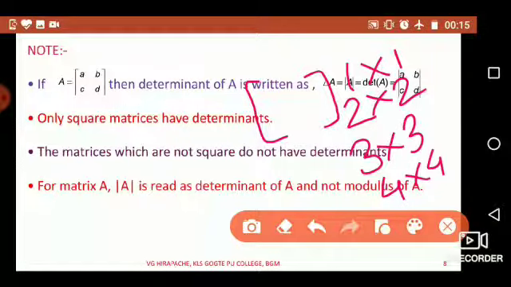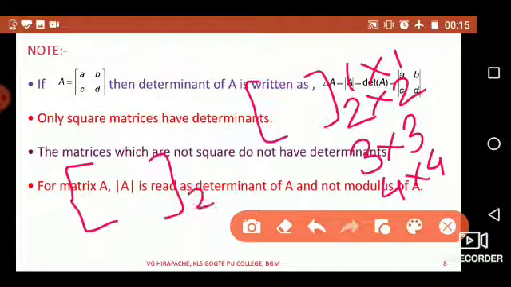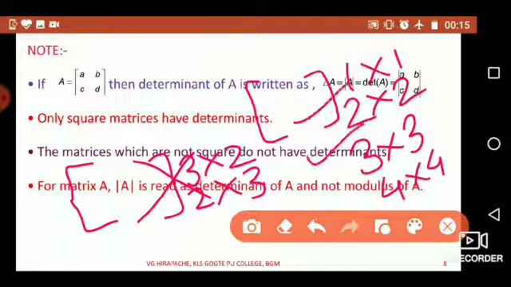Rectangular matrices do not have real numbers associated with them. Matrices of type 2 cross 3 or 3 cross 2 do not have a determinant. Only square matrices have the determinant.